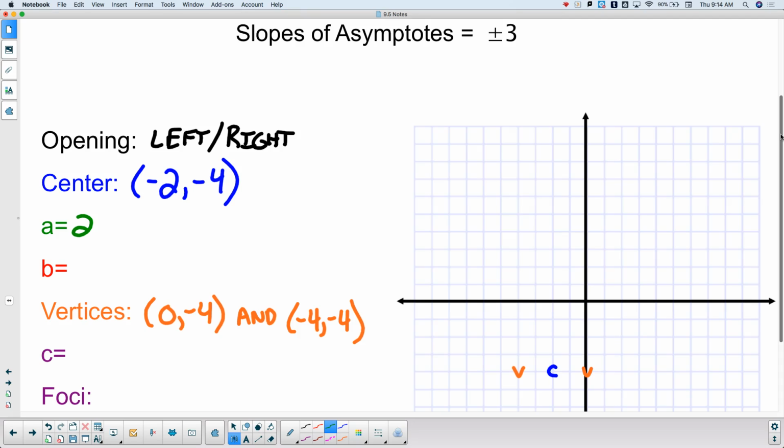Anybody got a clue? Where have we seen slopes of the asymptotes in our notes before? Look back at your notes. All right. Where have we seen the slope of the asymptotes? Or do I know what the slopes of the asymptotes always are?